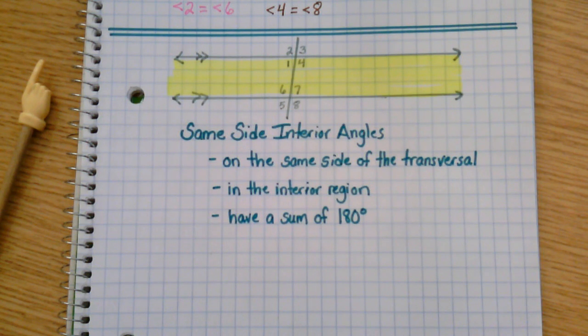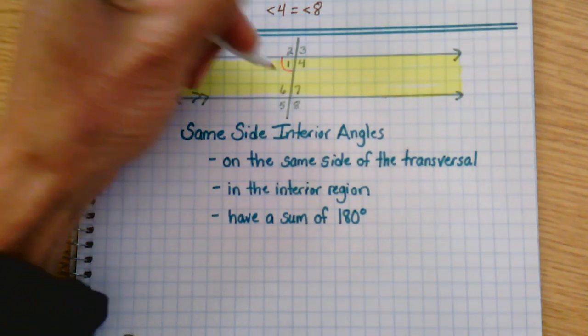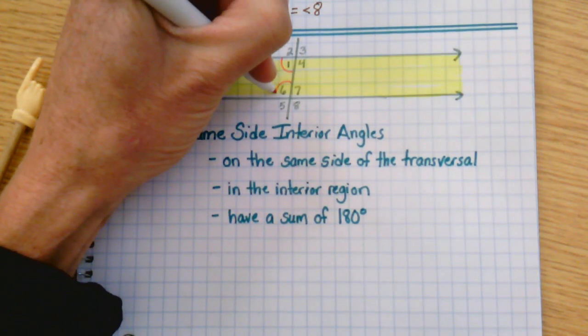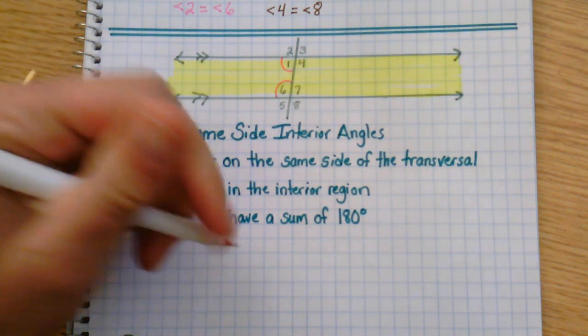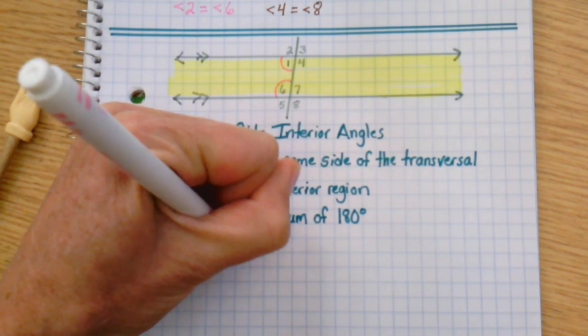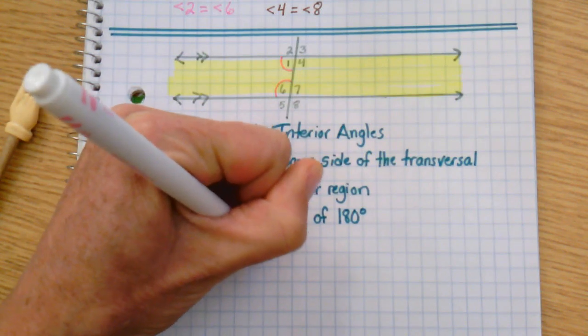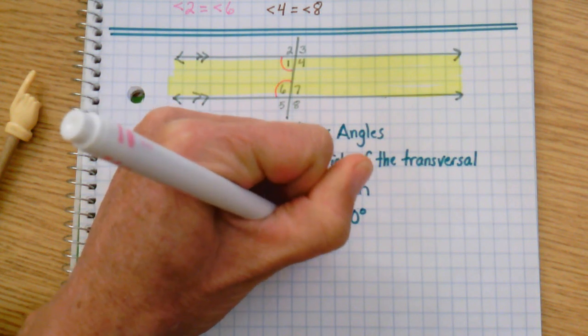That means if we took the measure of angle 1 and we added it to the measure of angle 6, they would equal 180 degrees. Angle 1 plus angle 6 equals 180 degrees.